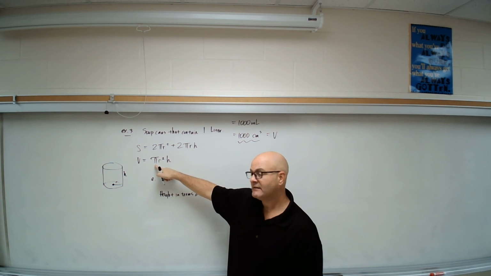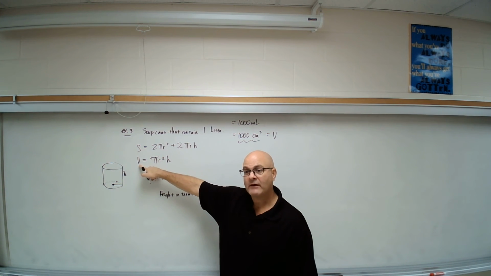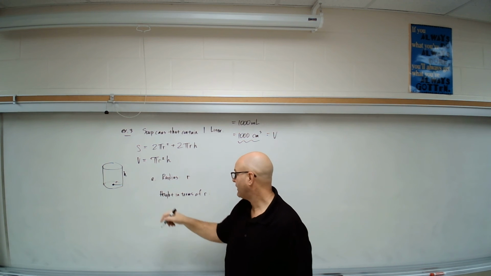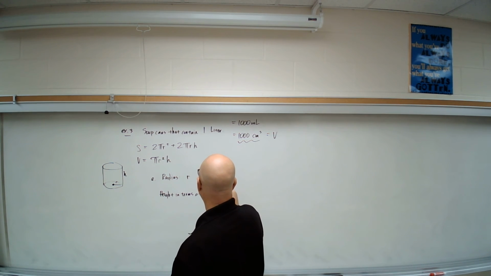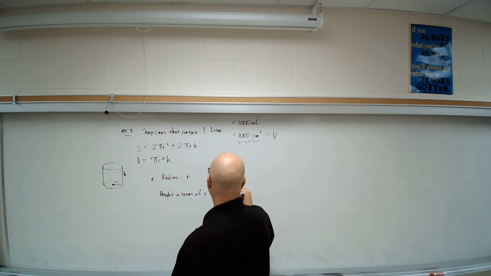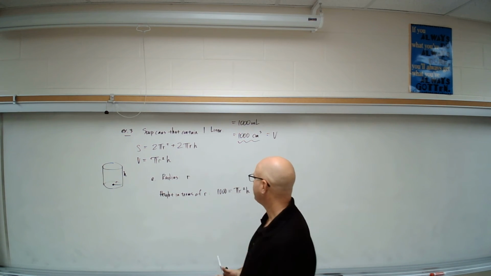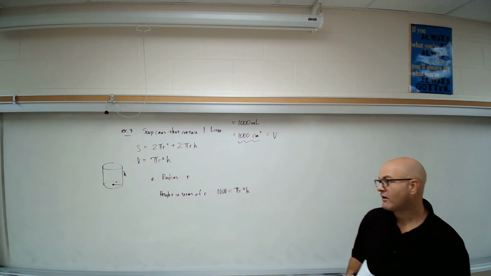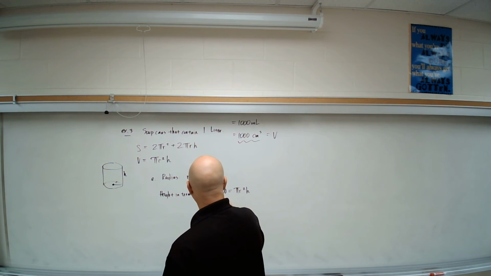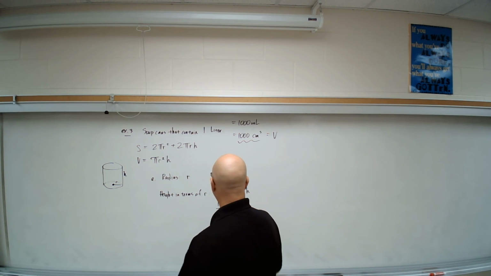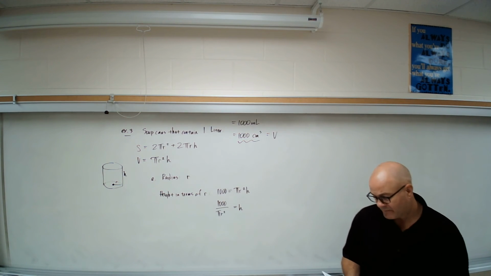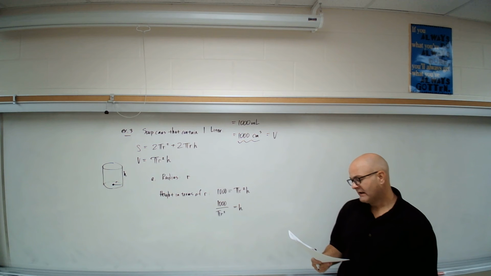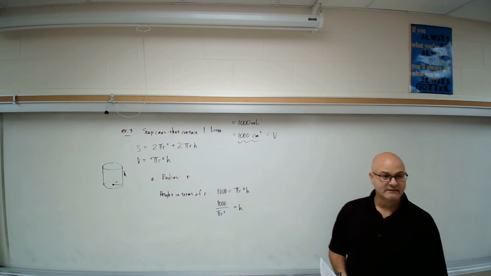Pi is a constant. We know 1,000 for our situation. So we say 1,000 equals pi r squared h. To solve for h, we just divide by pi r squared. So we get 1,000 divided by pi r squared equals h. That will help us here, and we're going to need that soon.